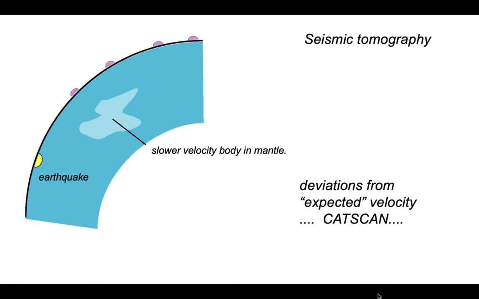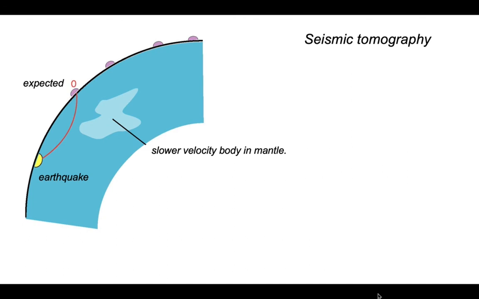We've got an earthquake, we've got some receiver stations shown there by the purple blobs, and within the mantle, a slower velocity model picked out by that pale blue. So here we have a seismic ray path from earthquake to that near station, and it arrives on time because it goes through normal mantle. But now let's consider a ray path that passes through our slower velocity body.